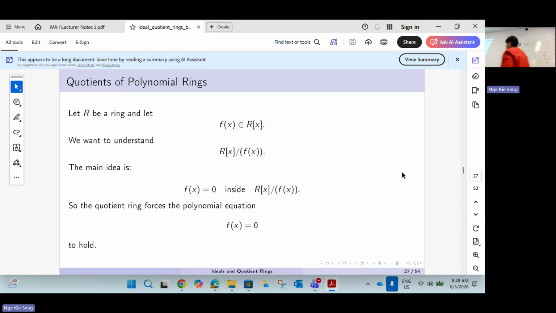You see there, you can have a bracket meaning the ideal generated by f(x).